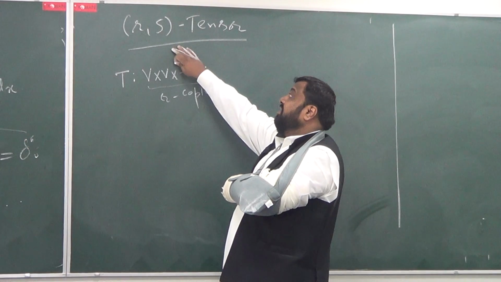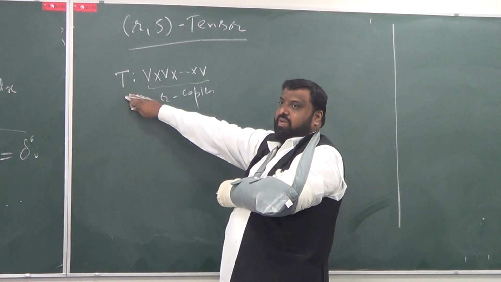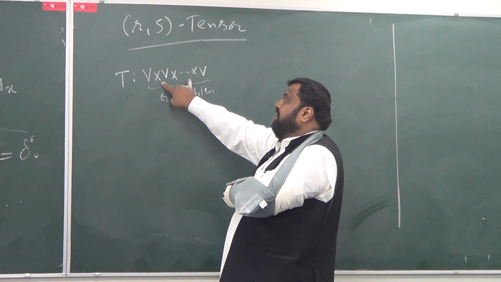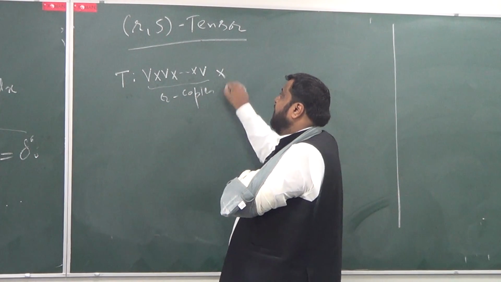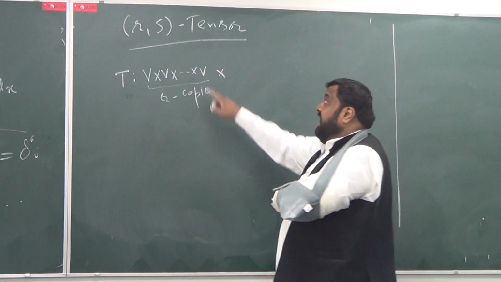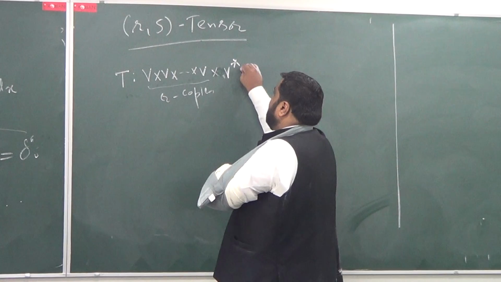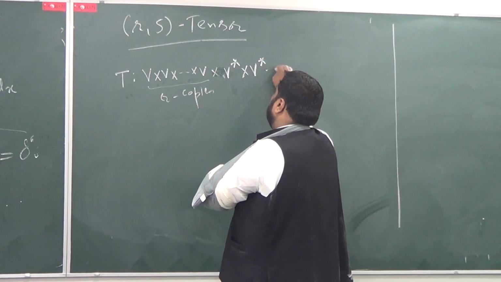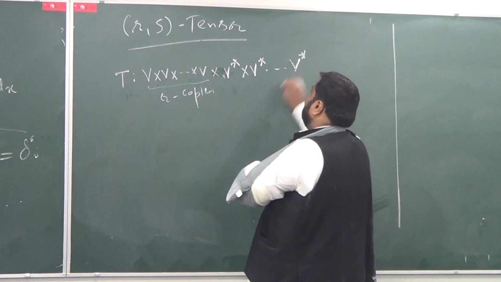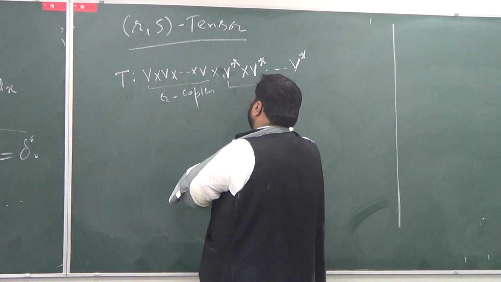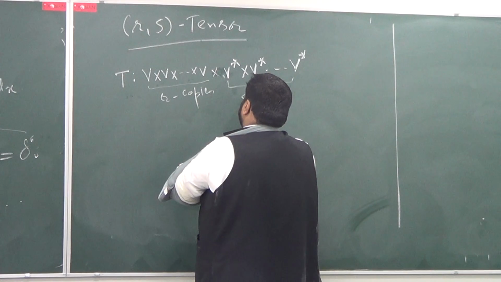So an (r,s) tensor is a map which swallows r vectors and s covectors, in other words, cross V star cross V star, s copies of V star.